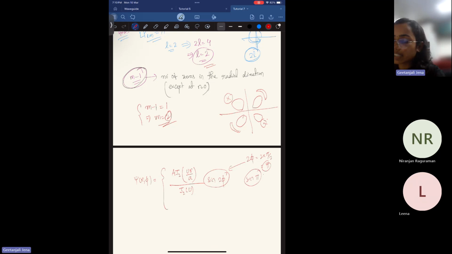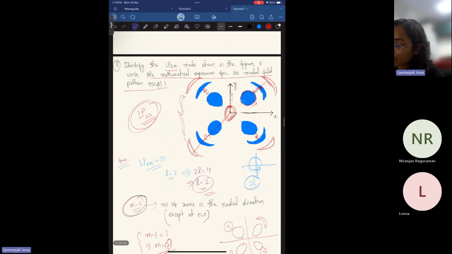That is why we are taking sine 2 phi. Also, at 45 degrees it is non-zero, which is only possible with the sine function, since sine 2 phi is non-zero at phi equal to pi by 4, where 2 phi is pi by 2.